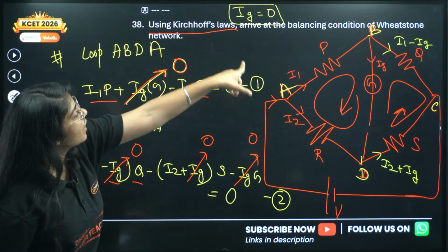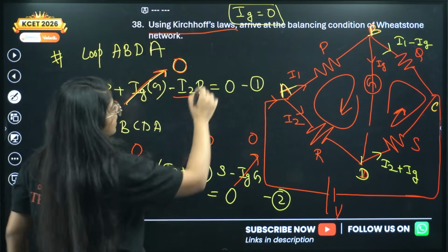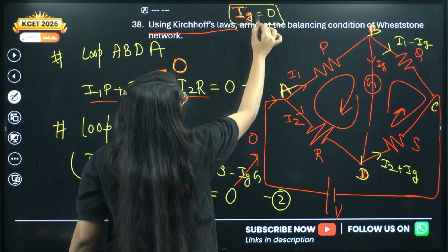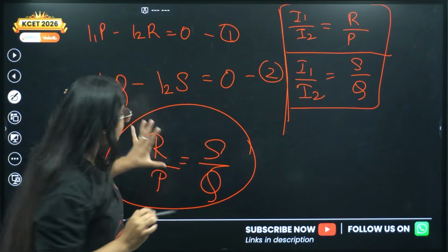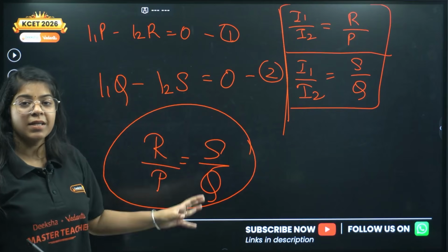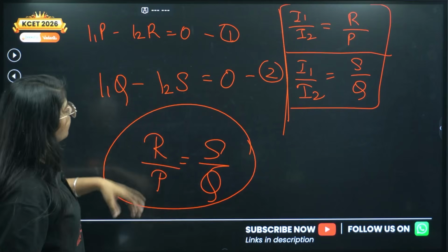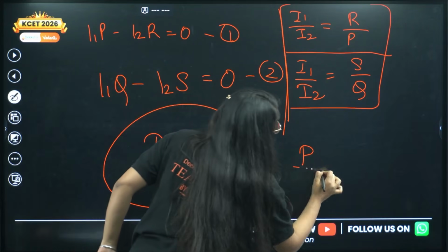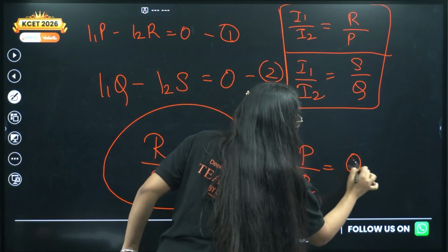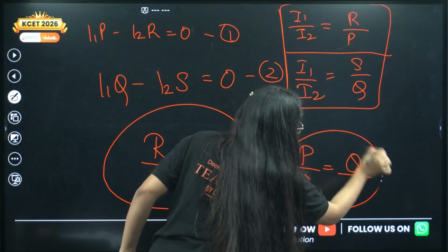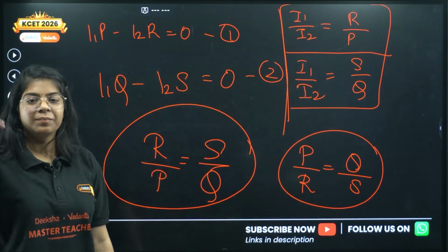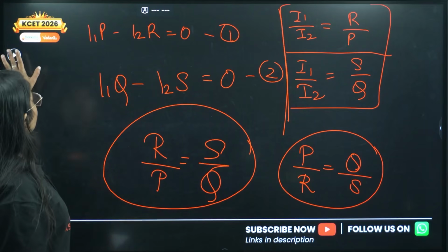Using Kirchhoff's law, I arrive at the balancing condition. For balancing condition, Ig equals 0, and this is my required condition, that is R by P, or you can write P by R equals Q by S. Correct?